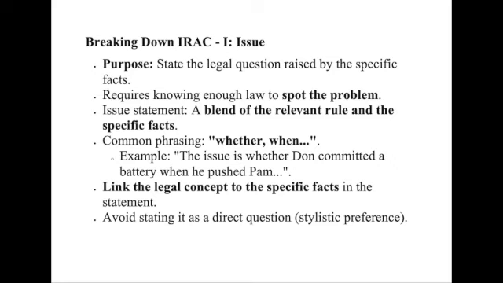The sources do note some professors might prefer slightly different wording, maybe starting with did or can, but the function is the same. And a common stylistic preference, certainly in legal writing, is to state the issue as a statement of the question to be resolved, rather than posing it as a direct question with a question mark at the end. Got it. Linking the rule and facts right from the start in the issue statement.